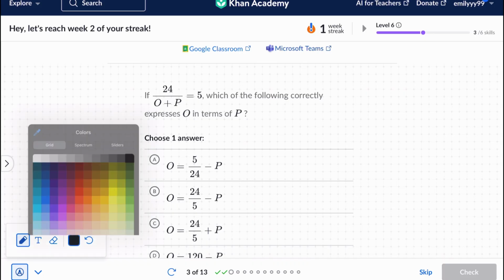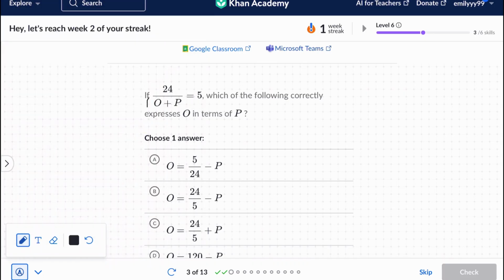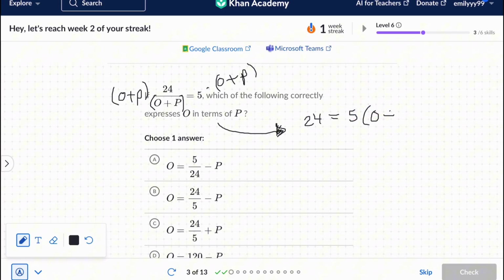So I can see by this equation, first thing we want to do is multiply each side by the denominator, which is O plus P. So 24 is equal to 5 times O plus P. And then we distribute: 5O plus 5P is equal to 24.